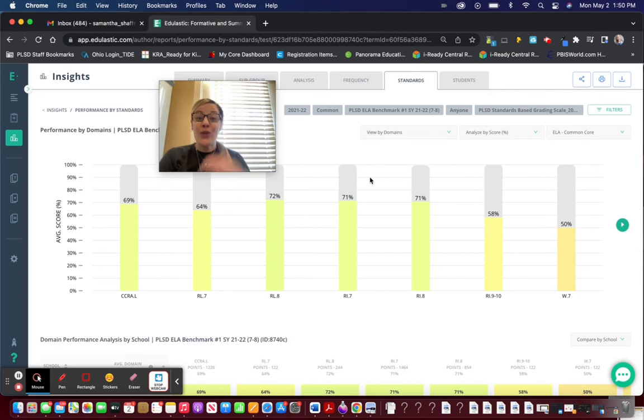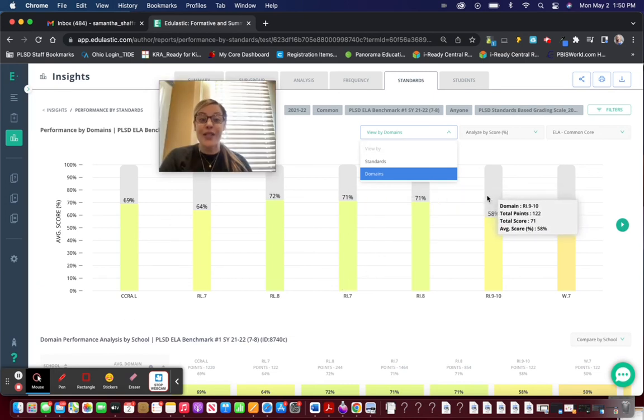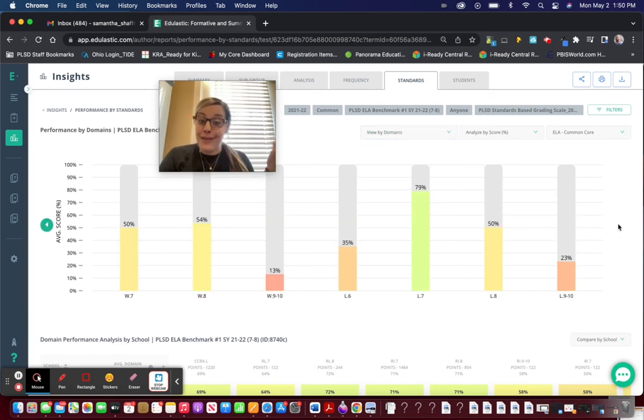Just like viewing the live board is really important, looking at the domains is too. These reading informational text items are all together, and it's going to show us where the needs are. It's like a needs by domain analysis, like on iReady. So we've got our writing standards in here, and we're going across different difficulty levels and different standards that are appropriate for different students of different grade levels.